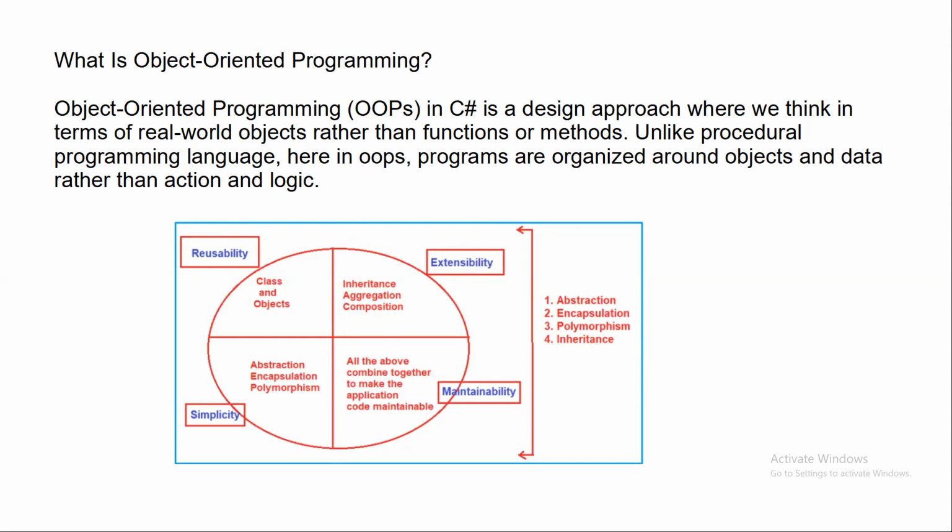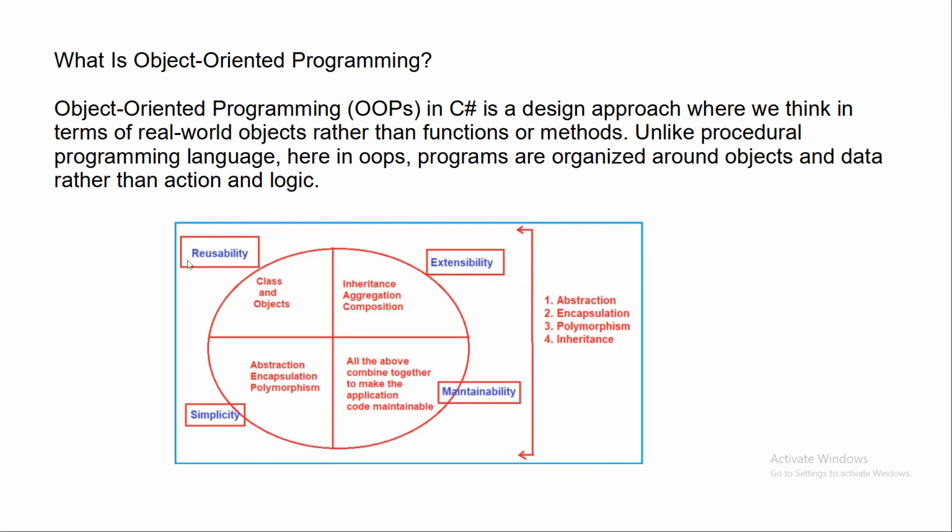By using objects, we can achieve four different things: reusability, extendability, maintainability, and simplicity. And here I have mentioned the four important concepts of OOPS: abstraction, encapsulation, polymorphism, interface.